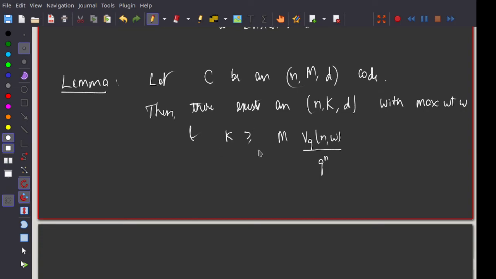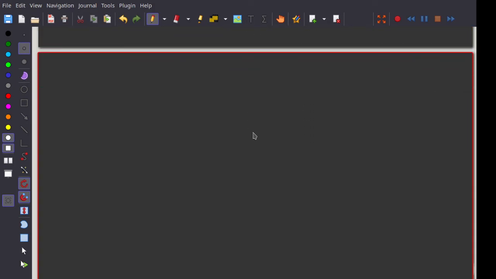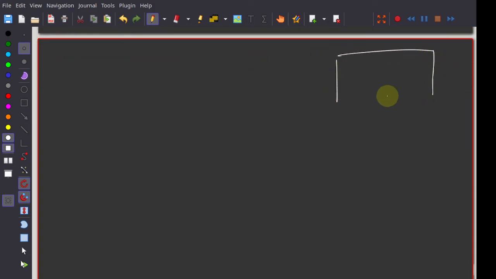And in some sense, I'm trying to take the largest subcode which has maximum weight W and minimum distance d, right? So what can happen is, in the original code, maybe this is the 0 vector. It's possible that there are many codewords on one side, but it's basically sparse everywhere else. So then what we do is, you take this particular subcode and then shift it so that the center becomes equal to 0. That will give you one particular subcode.